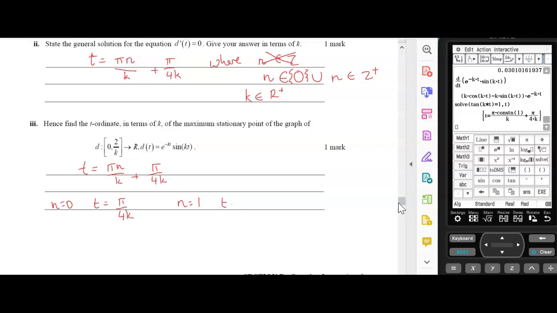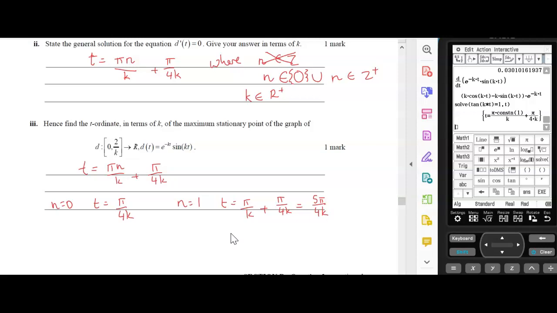So then we're going to have t equals pi on k plus pi on 4k. And if I just bring them together to be the same denominator, we're going to have 4 pi plus pi, so 5 pi on 4k.